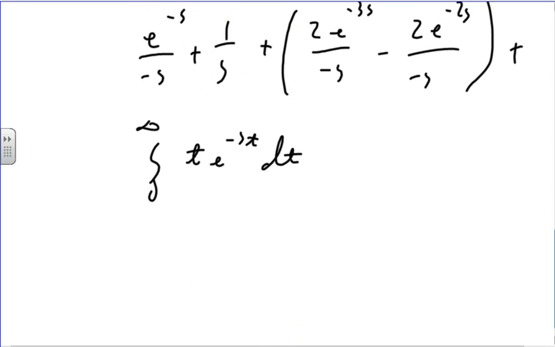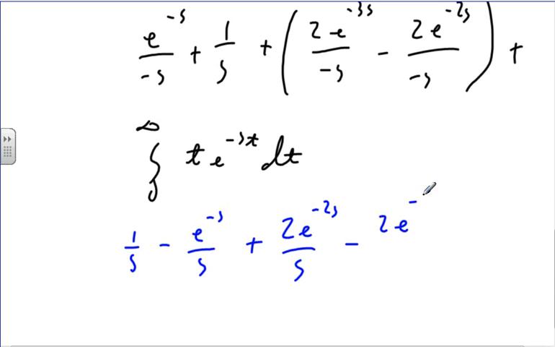All right, so how am I going to handle that? Okay, so I've got 1 over s minus e to the minus s over s plus 2e to the minus 2s over s minus 2e to the minus 3s over s plus the integral from 0 to infinity of t e to the minus st dt.